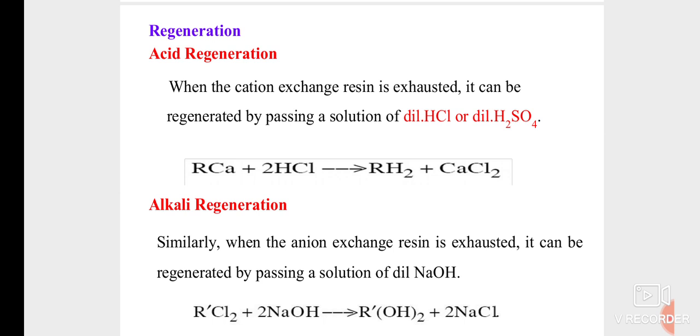Okay. Next, alkali regeneration. Alkali means base. Similarly, when the anion exchange resin is exhausted, it can be regenerated by passing a solution of dilute NaOH. So now we have to stop the raw water. Now we have to add the NaOH solution into the anion exchanger column. That anion exchanger column contains R-Cl2 or R-SO4.